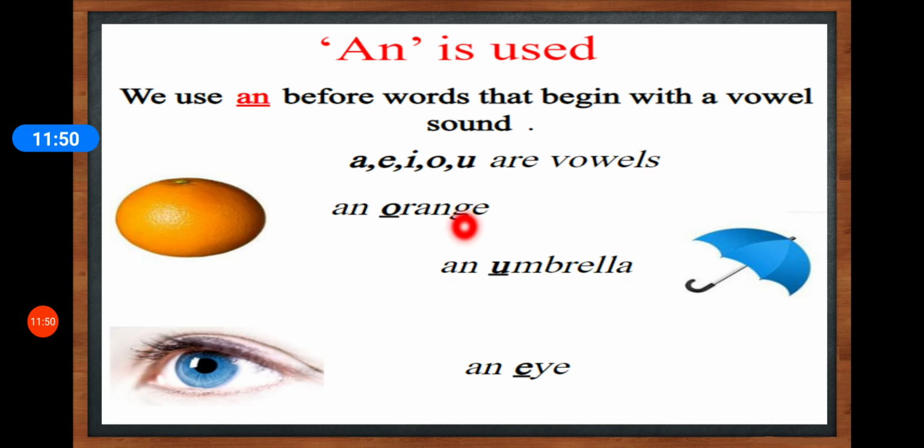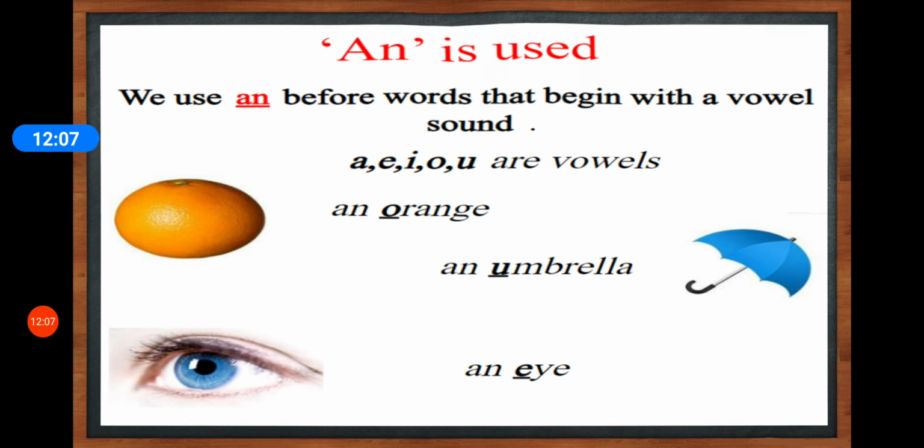Like an orange, O is a vowel sound, so an orange. Similarly, an umbrella, a sound a. And an ink, I, vowel sound, so we have used the article an.